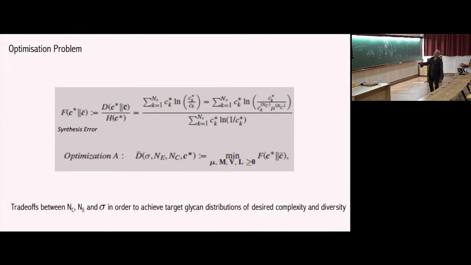So I can take this quantity, which I'm calling synthesis error, and I can minimize it with respect to all these other rates. I can minimize it with respect to the transport rate, with respect to the chemical reaction rates, with respect to the partitioning, and so on and so forth. And I want to try to minimize this and achieve an optimal value for this quantity fidelity. And I want to see what are the values of these optimized rates.